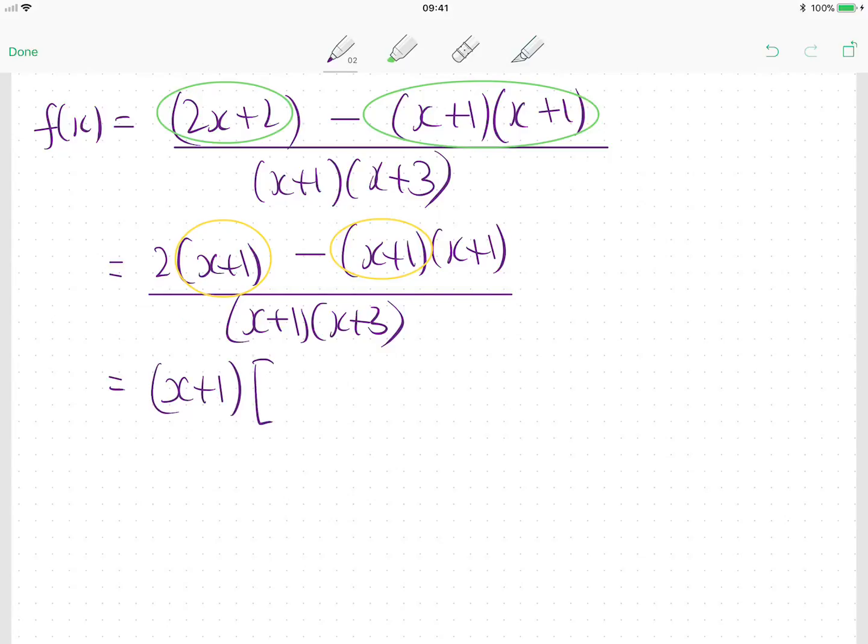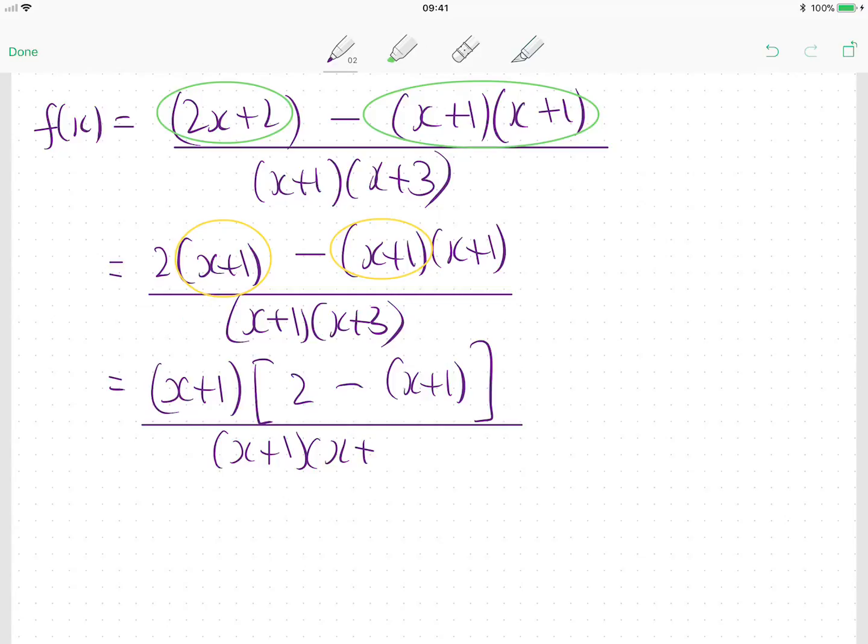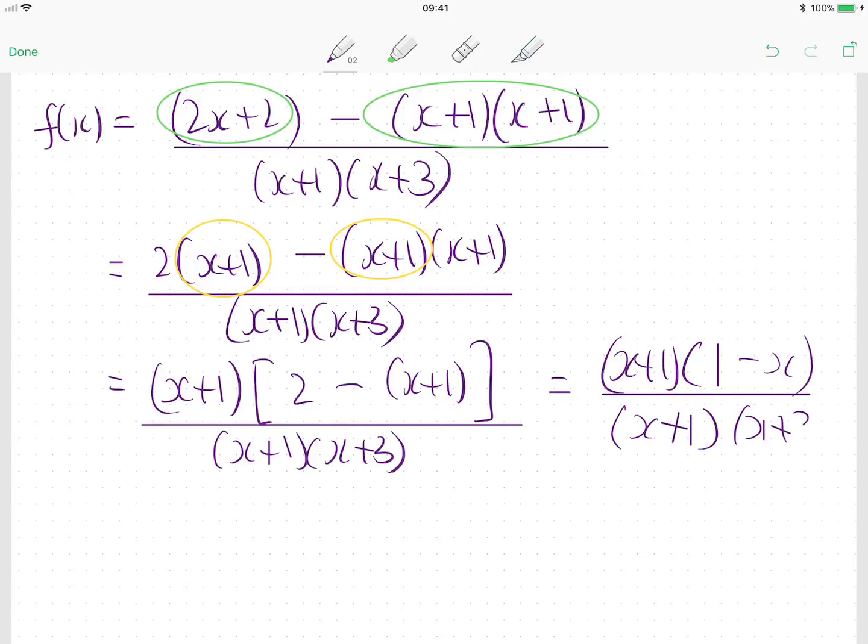So we take that out, we have 2, take away x plus 1, the bottom stays the same, which is the same as, what do we have here? We have minus x minus 1, so minus x, if I take off 1, just from 2 I have 1, all divided by x plus 1, x minus 3.